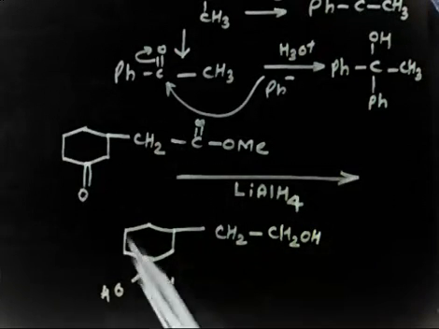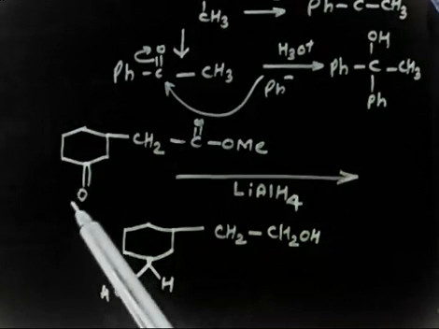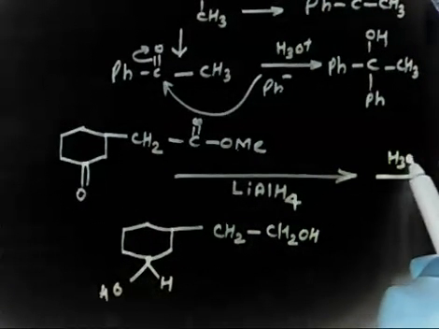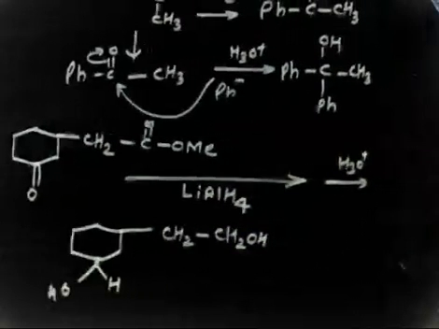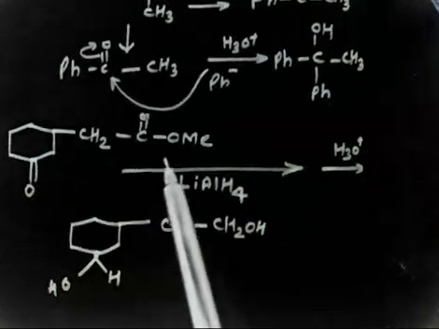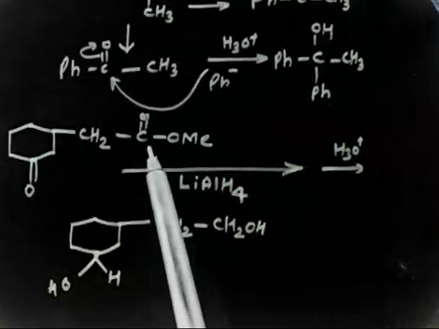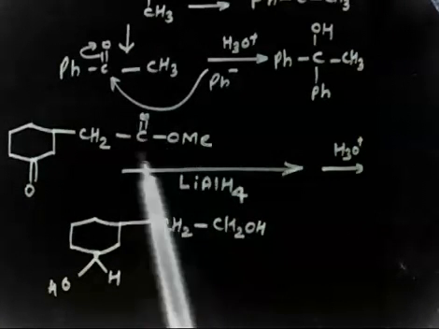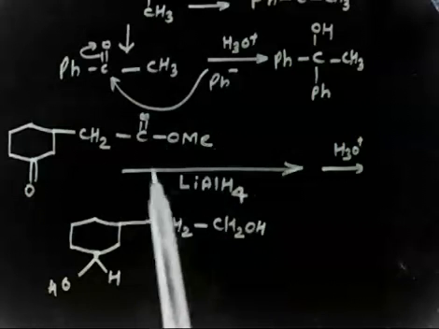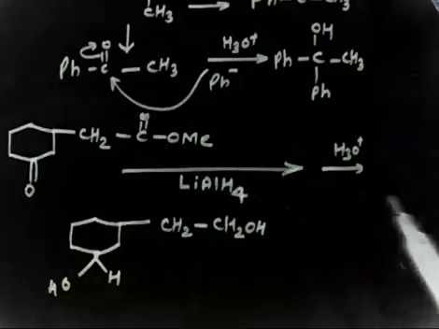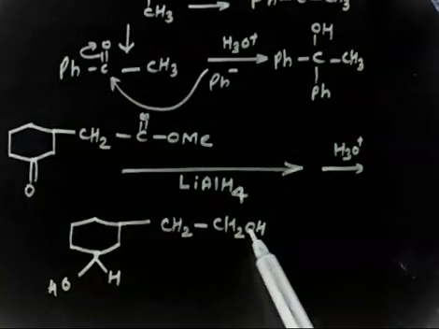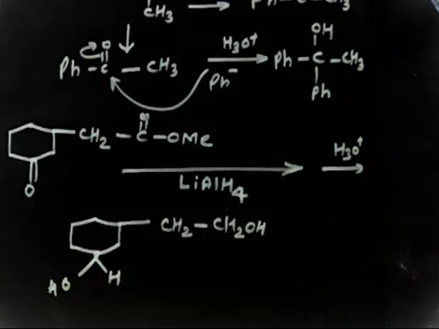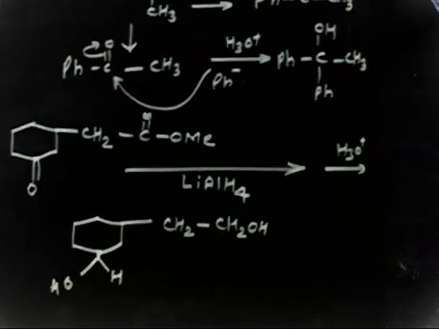So one H minus will attack here, O minus, and if you do hydrolysis, this O minus will be converted into OH. Here also H minus will attack, this opens up, returns back, this leaving group goes, so you will have aldehyde. Now H minus further can attack on aldehyde, reducing it to alcohol, so finally you will have CH2O minus, that is after hydrolysis you will have OH. So finally this will be the product after hydrolysis.